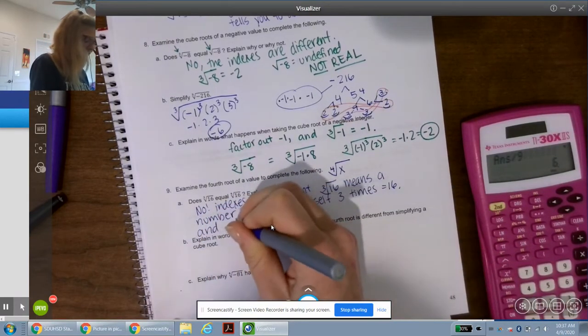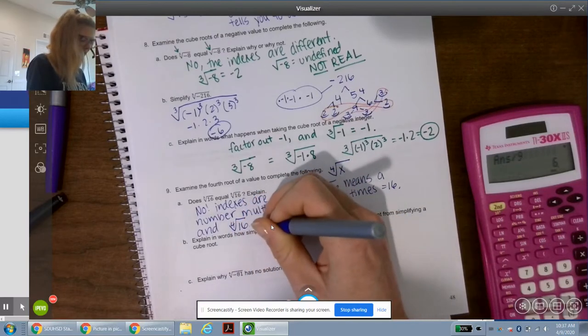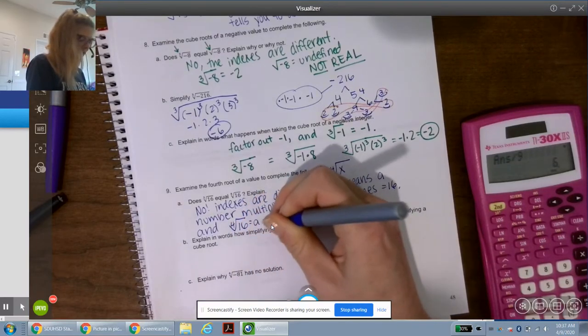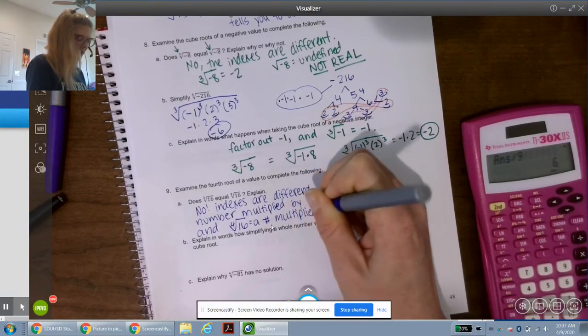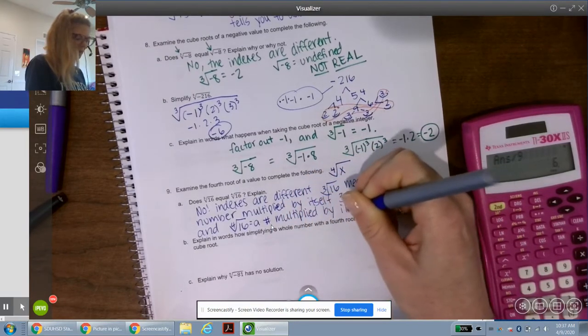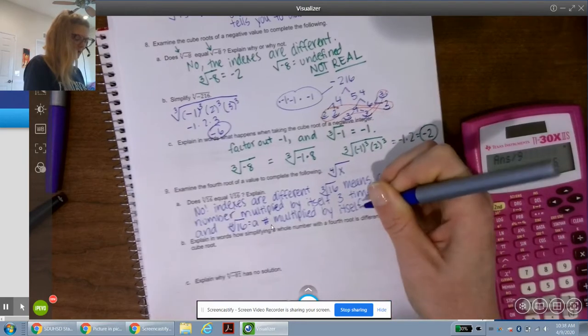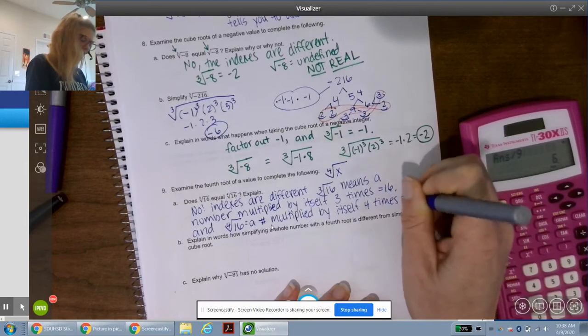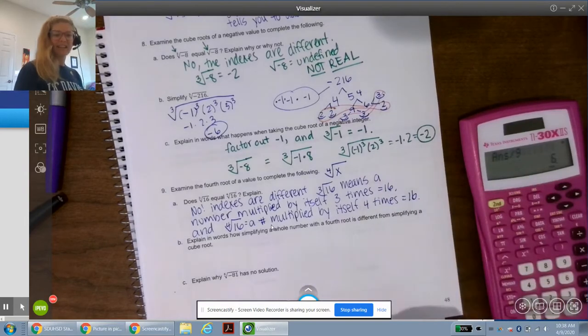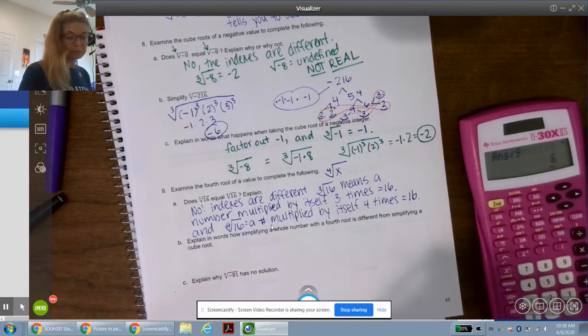And the 4th root of 16 equals a number multiplied by itself 4 times equal to 16. These cannot be the same number.